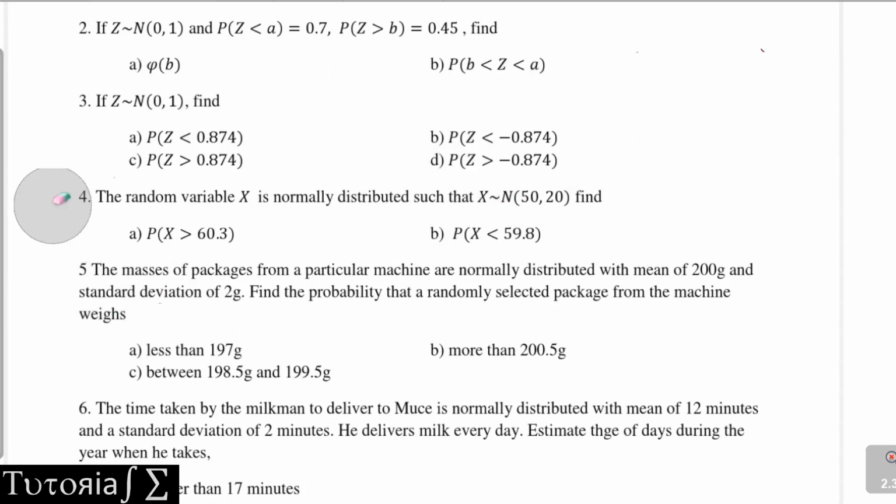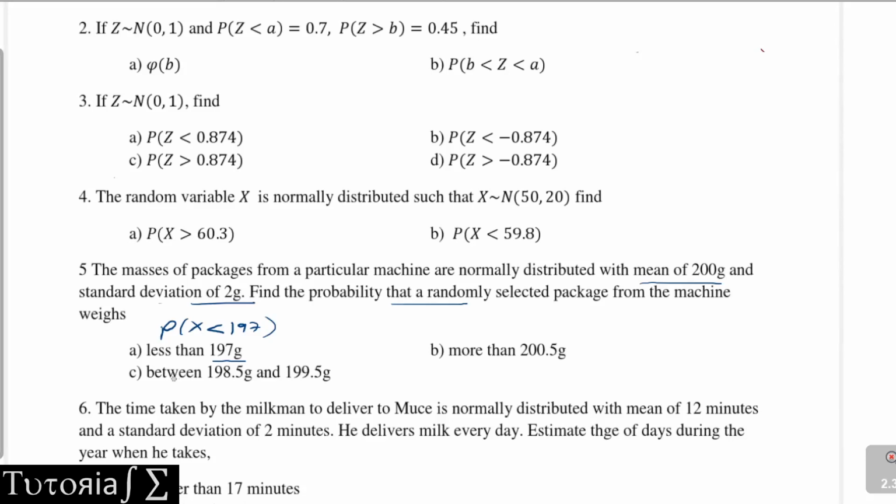For this one, it's the same thing. You are given the mean and the standard deviation, and the random variable is less than 197. That is the probability of x less than 197, so you write it like that.